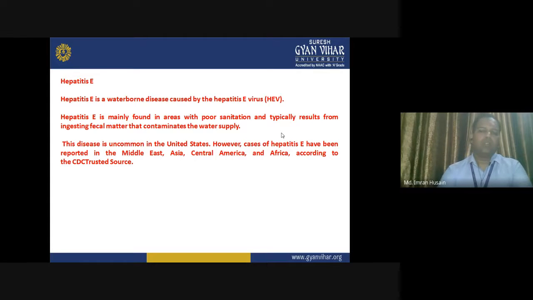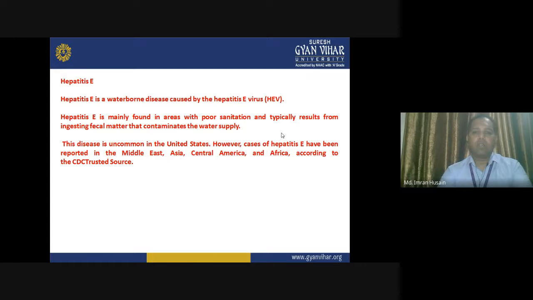So, if you fix these two conditions, many individuals will not get this hepatitis infection at all. It typically results from ingesting fecal matter that contaminates the water supply. If an individual ingests this fecal matter, then the infection gets contracted from one person to another.